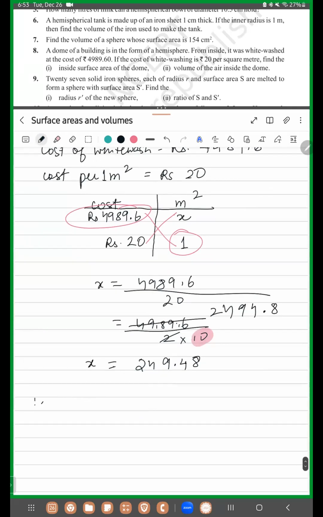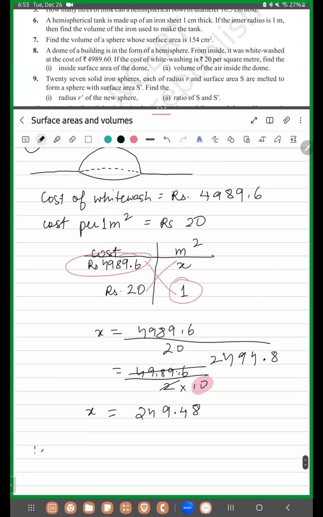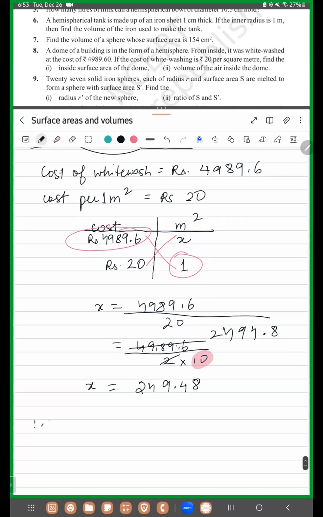Therefore the area that was whitewashed is equal to 249.48 meter square.